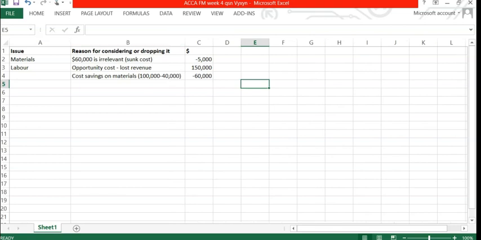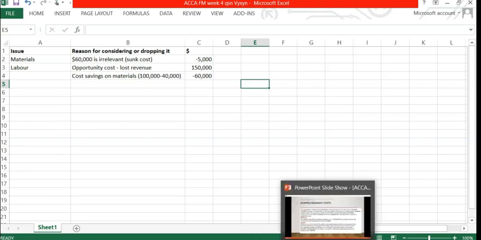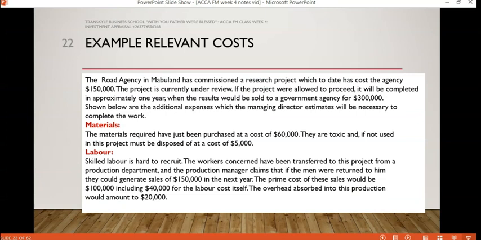The paragraph is not yet through. There are some other issues which are spoken about in this same paragraph. Let's finish everything. The overhead absorbed into this production would amount to 20,000. Ladies and gentlemen, I want you to understand that fixed cost apportionment is not relevant.